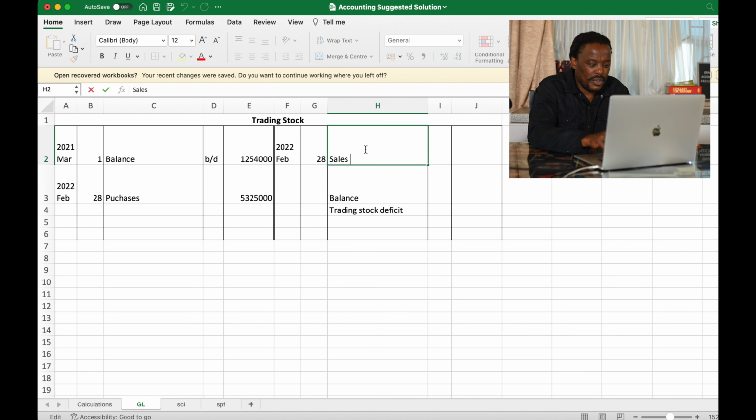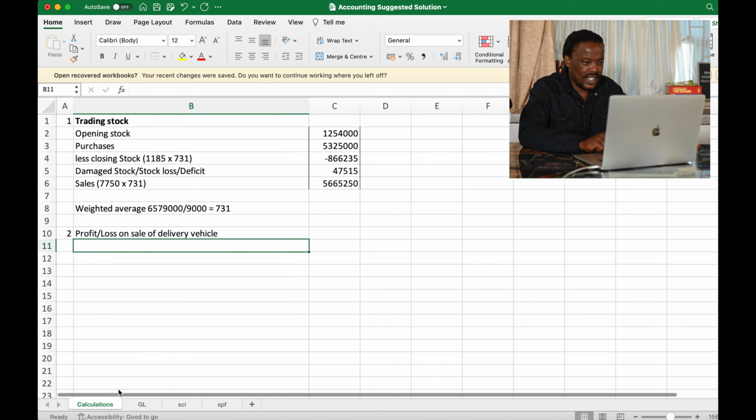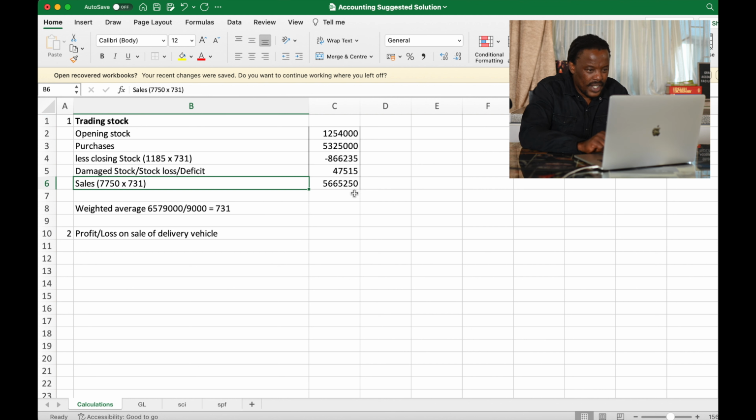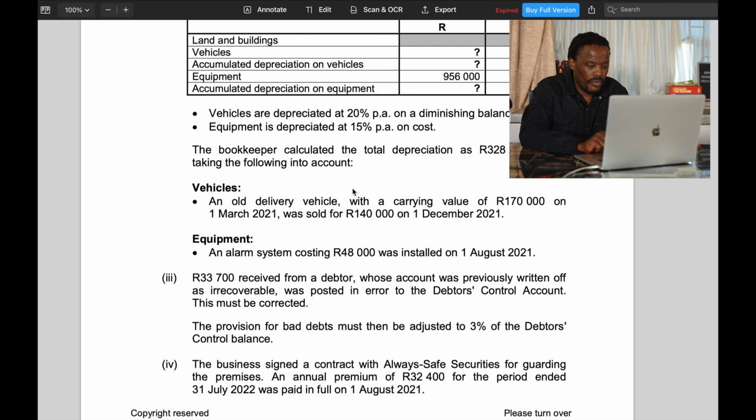Sometimes you just have to show in brackets that it was 7750 multiplied by 731, if I'm not mistaken. Let's check. 7750 is 5665250.